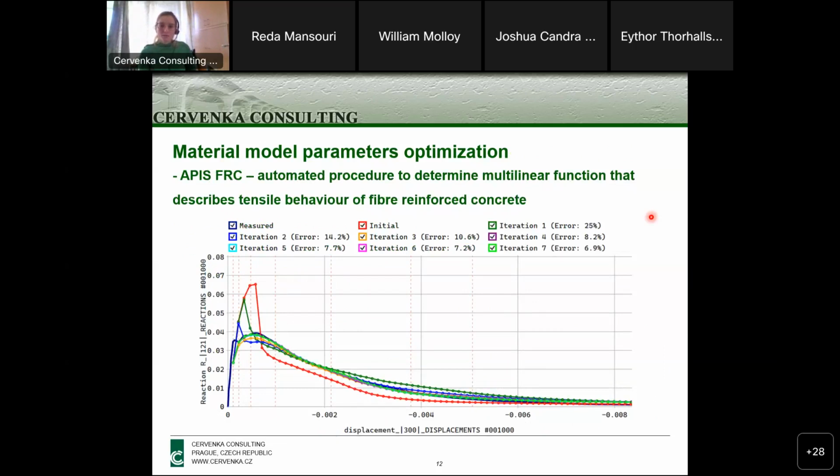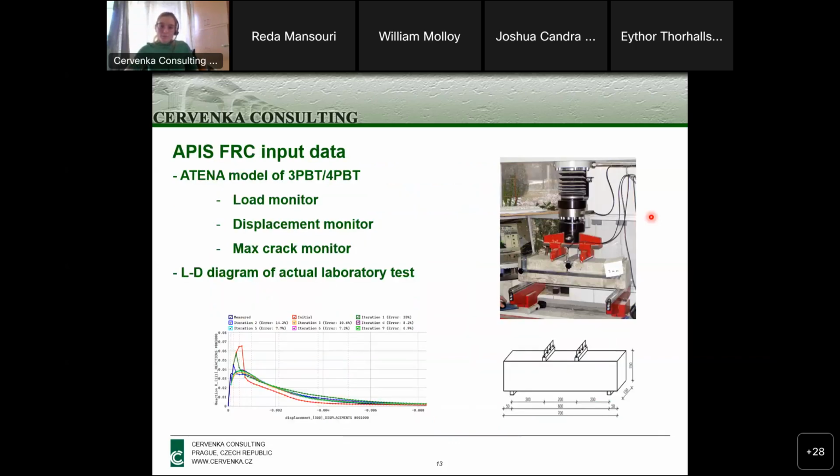This multilinear function is calibrated and it iterates until you're getting results that you are satisfied with. This APIS module was developed mainly for the 3-point and 4-point bending test.